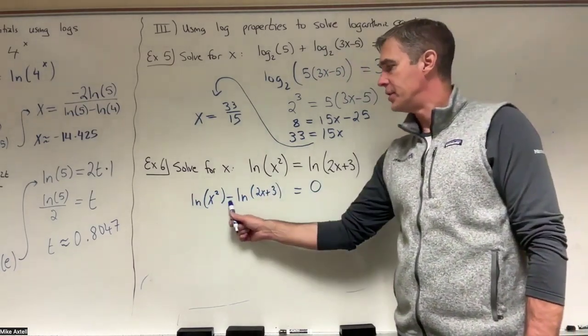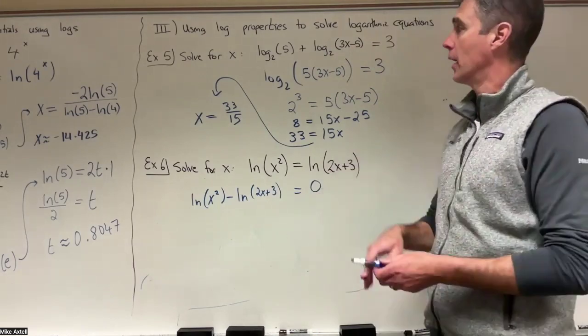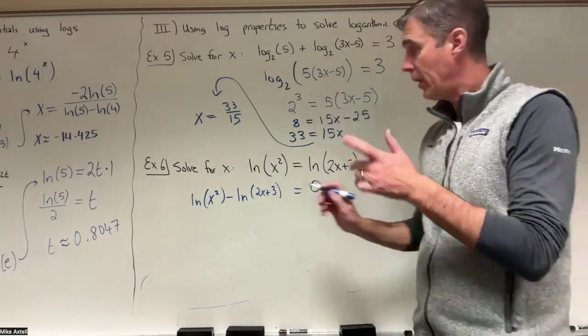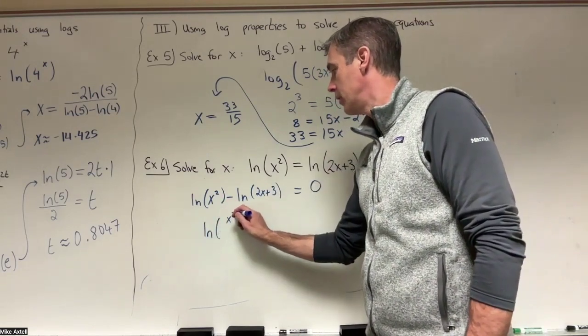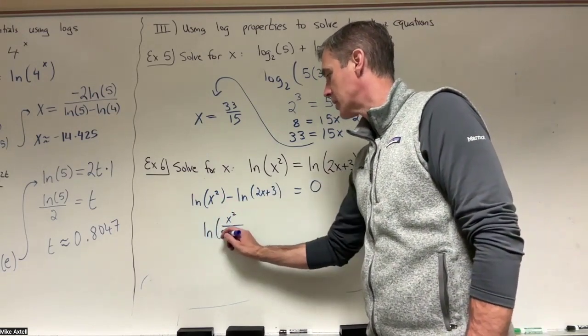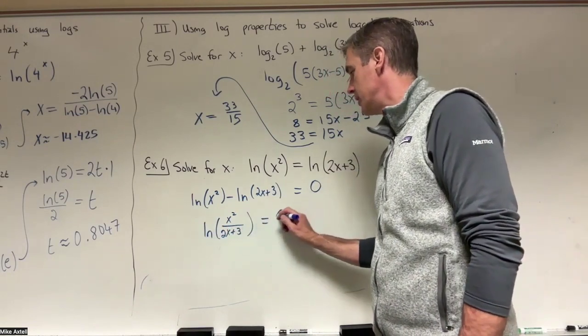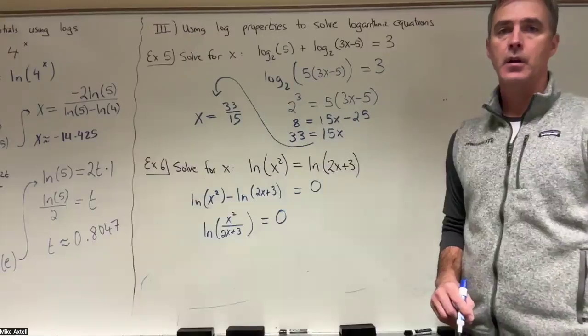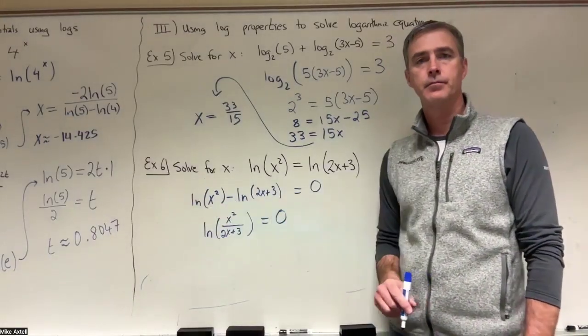Well, if I have the difference of 2 logs with the same base, I could combine them into a single log like I did up here. But this time, it would be x squared divided by 2x plus 3 equals 0. So the log of a quotient is the difference of 2 logs.